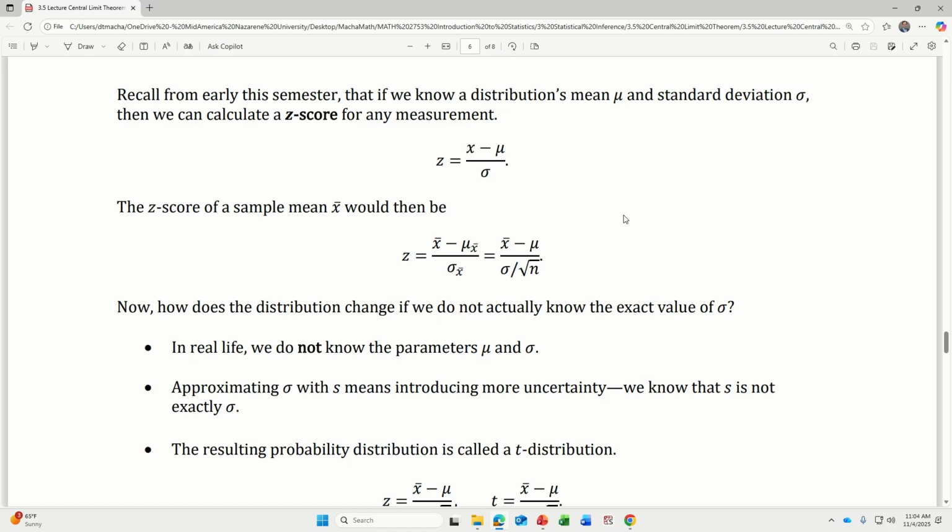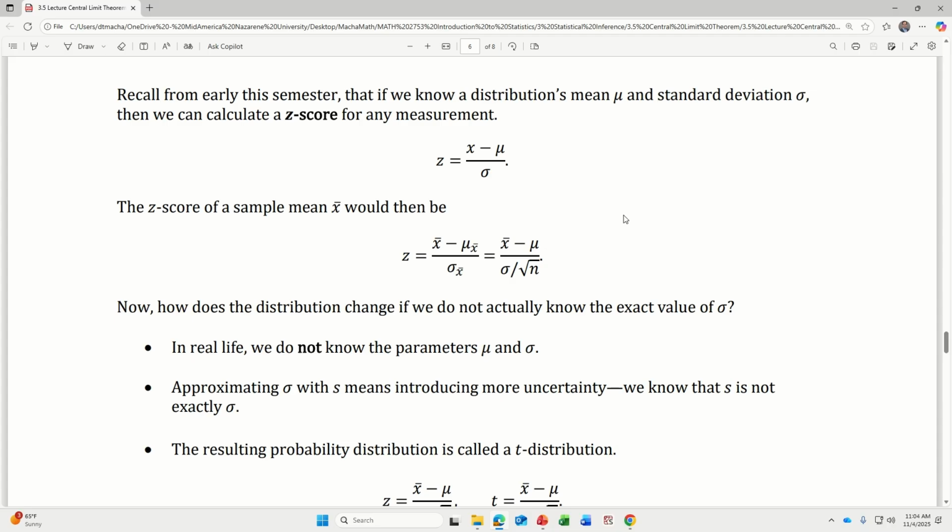Early in the semester, we were calculating z-scores. And the z-score of a measurement was like taking a particular measurement minus the mean of that distribution and dividing by the standard deviation. Remember, this was like section 1.4, so way, way back when we were getting ready for the first test.